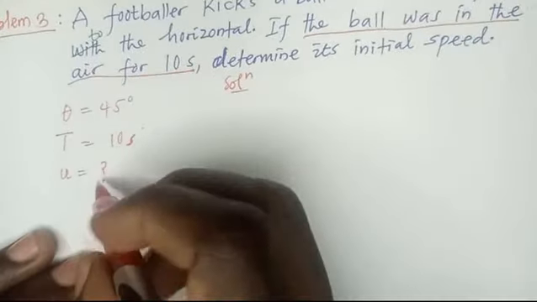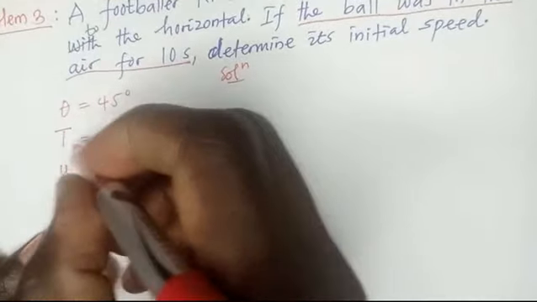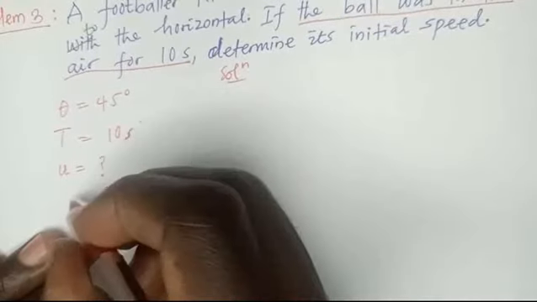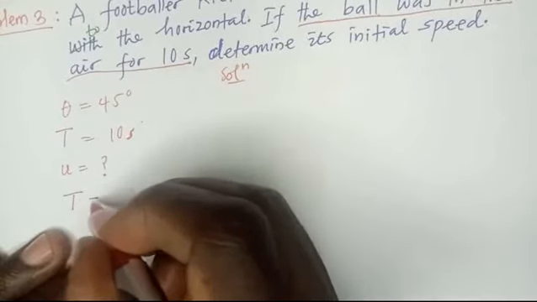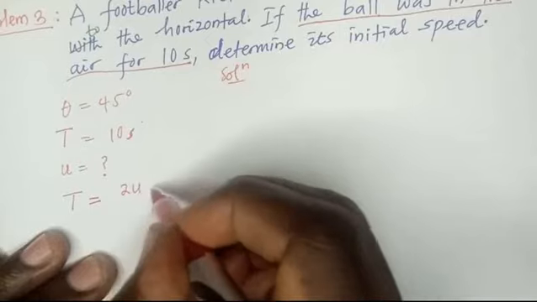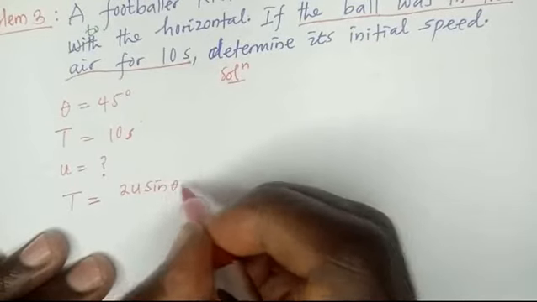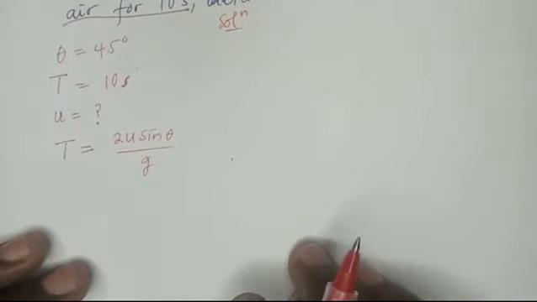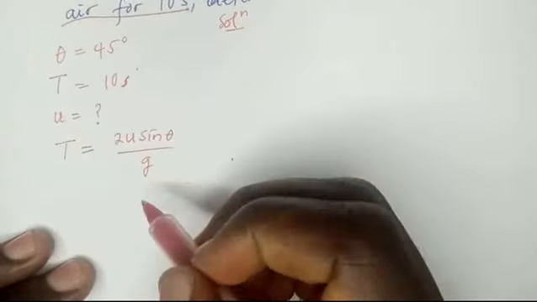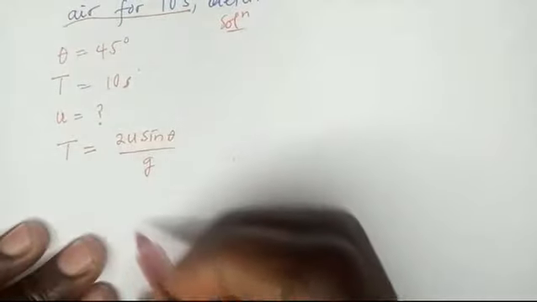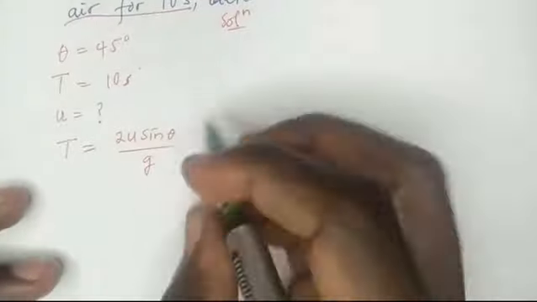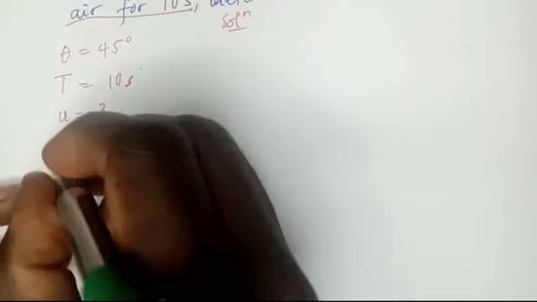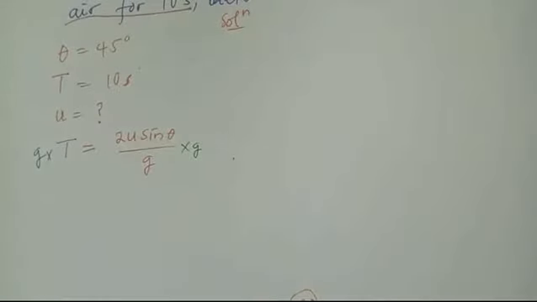So how do we get that? Since time of flight is given, you use the formula for time of flight, because in that formula you have u there: T equals 2u sine theta divided by g. So from here you can get your u. I make u the subject of the formula. I multiply both sides by g to cancel the fraction.